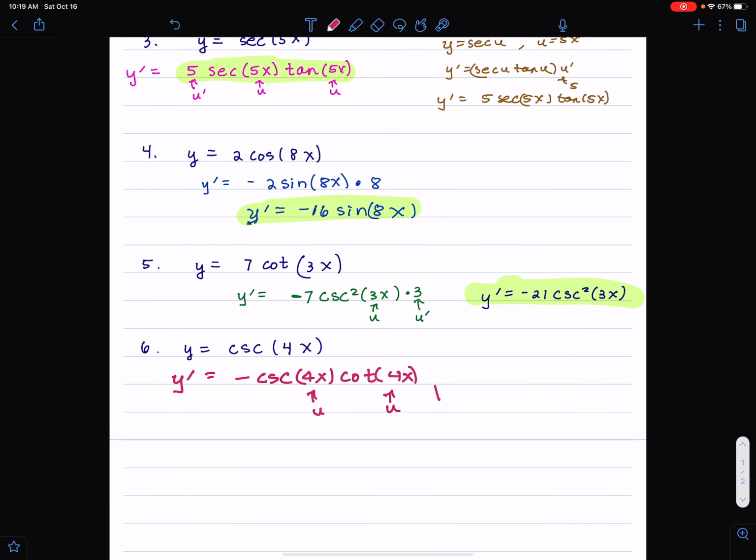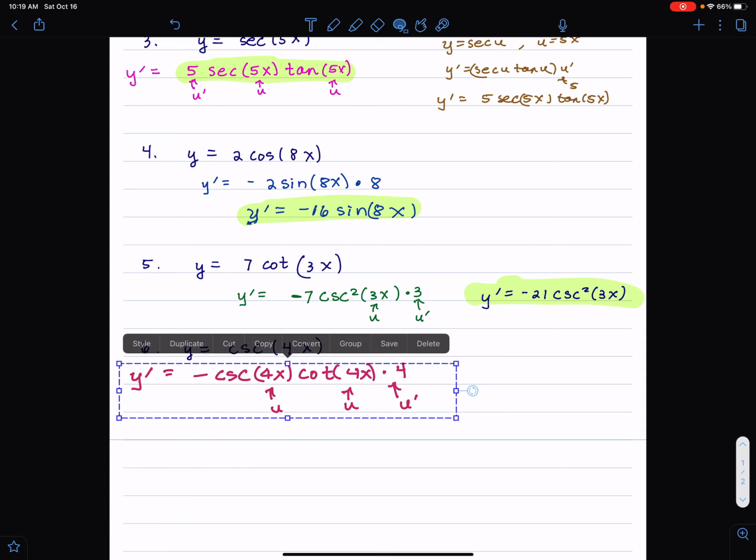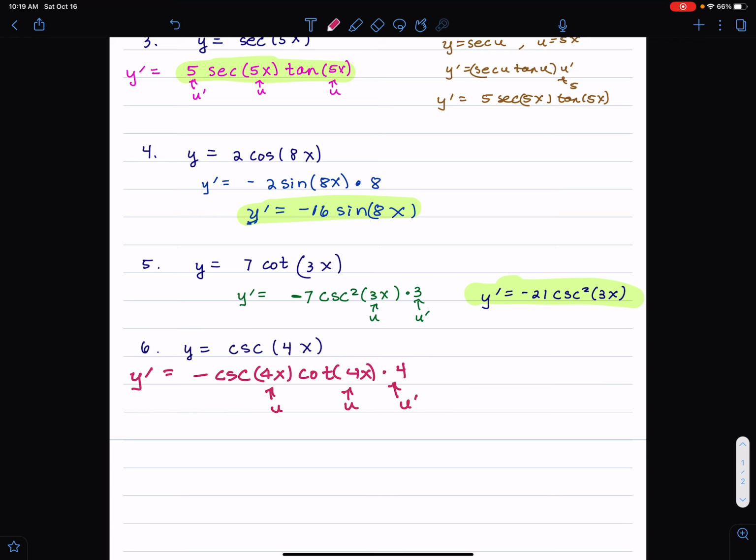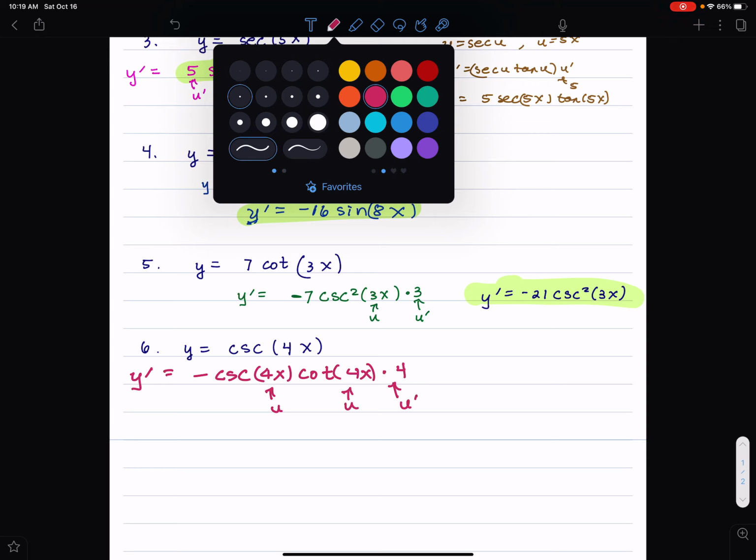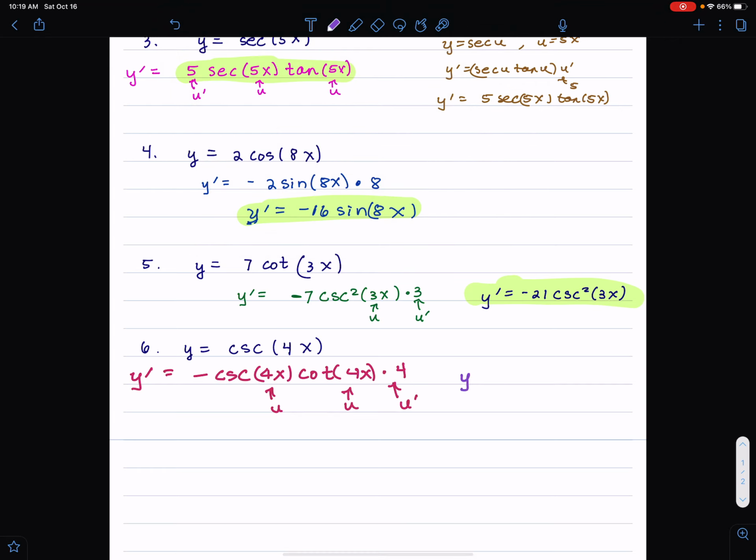And now what's this that I multiply? U prime, which is 4. It would look better if the 4 is all the way in the front, so we don't mix up this 4 with what's inside. They don't mix. So let's make it look better by writing y prime equals negative 4 cosecant 4x.